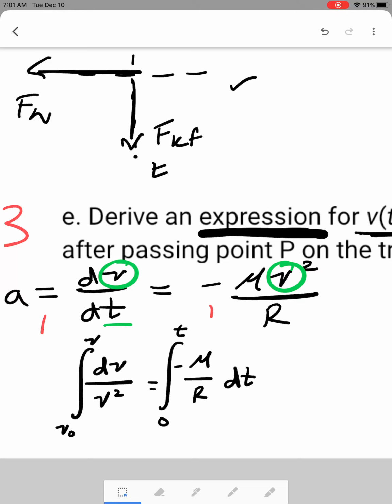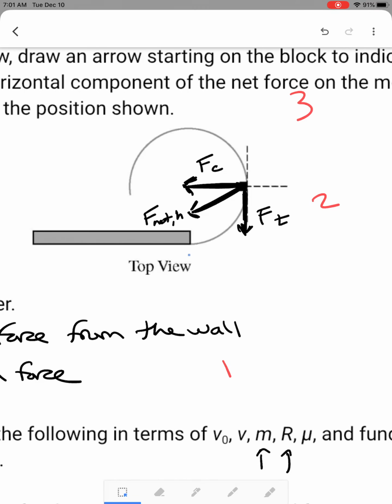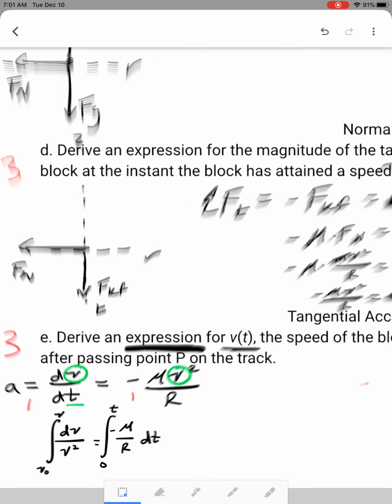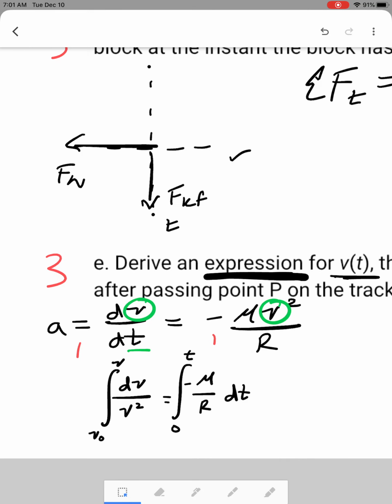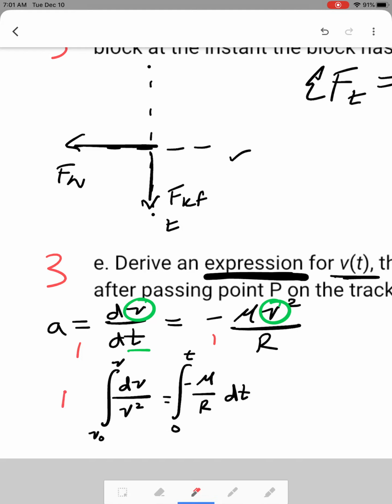Remember, this is when the object is entering this ring here. So it has a v initial, and I don't know what that is yet, so I can't assume that it's 0. And guess what? This right here was the final point on this problem. So if you did this, you got 3 out of 3.